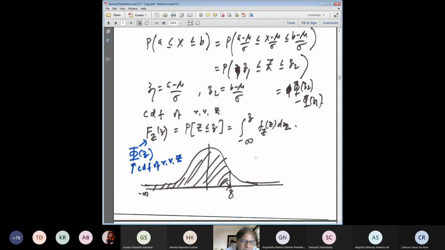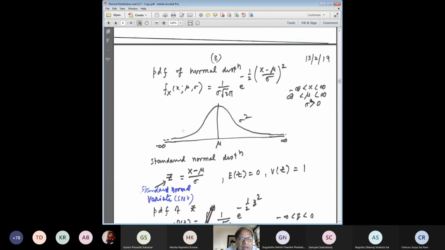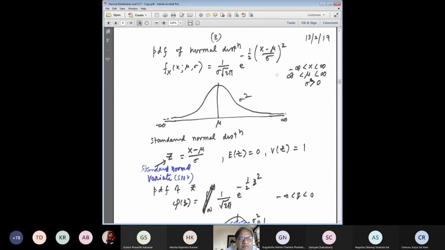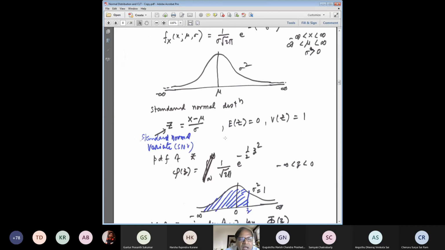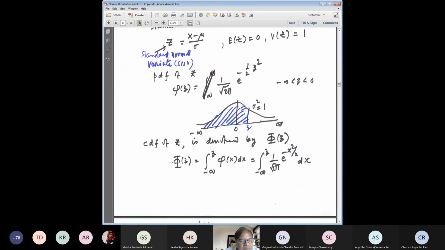There are two forms of the table. One is from the CDF, another is from 0 to some positive point. I will be explaining the table. In summary, the PDF of the normal is this, and we have the standard normal phi z. As you can see, the blue shaded area from minus infinity to z has been tabulated.